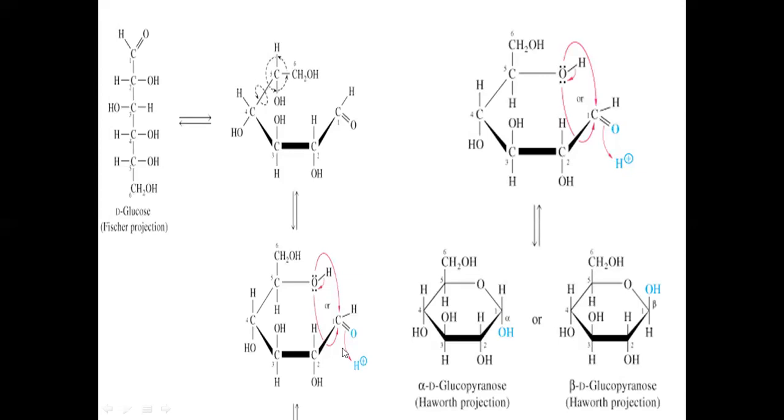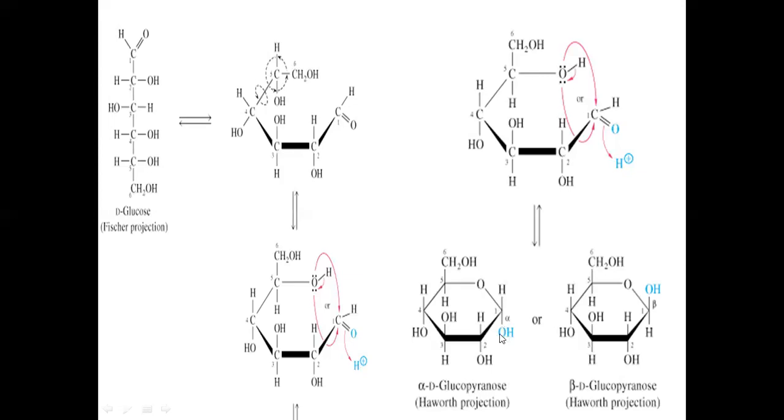And then this oxygen will react with this carbon to form the covalent bond. And this oxygen reacting with this proton, this hydrogen ion, will lead to the formation of the OH there. So of importance is for you to know that the reaction takes place between carbon 1 and carbon 5 to form a pyranose ring.